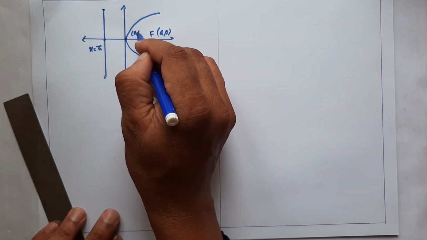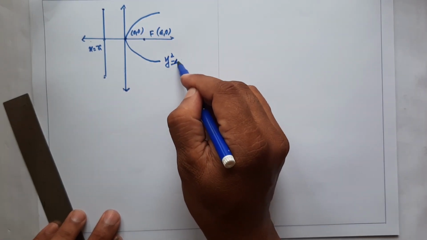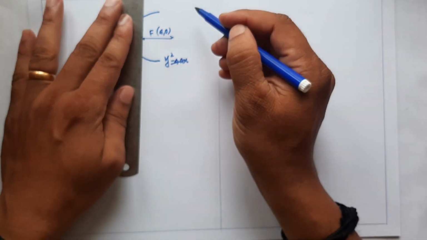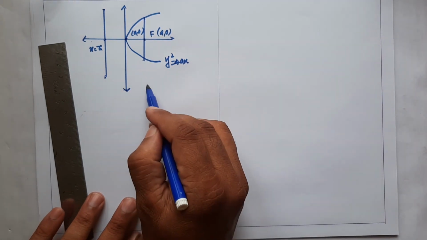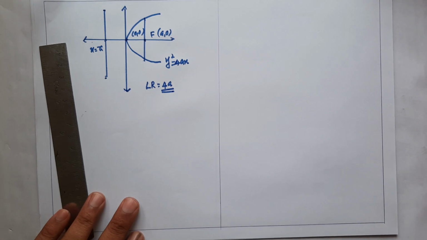The equation of this parabola is already discussed: y square is equal to 4ax, and the length of the latus rectum is equal to 4a. Okay, clear?